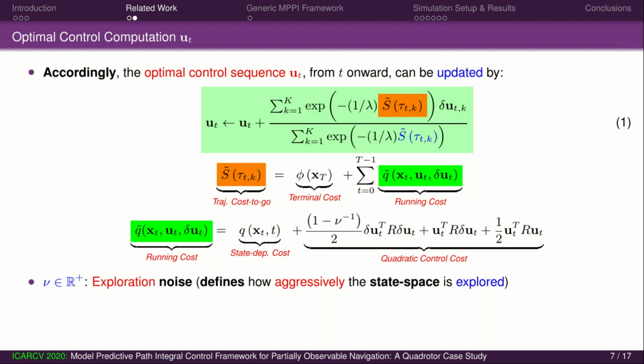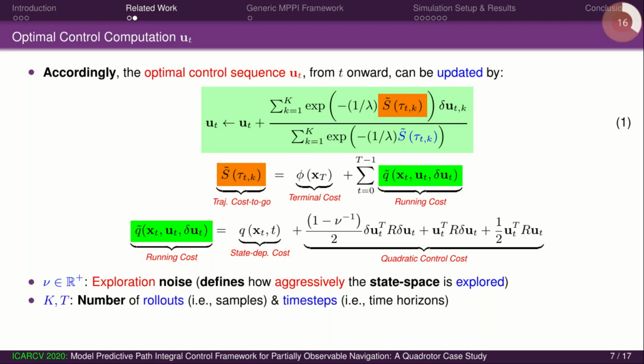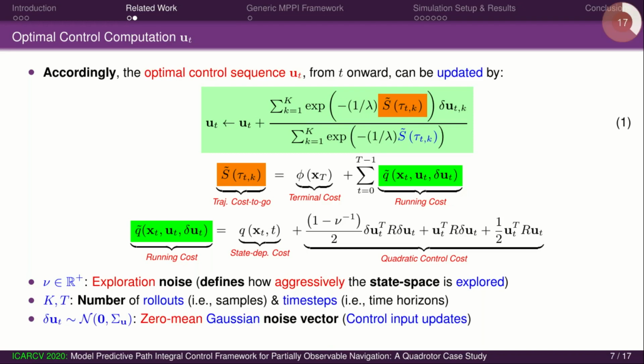For example, low values of nu result in a rejection of many trajectories as their cost is too high. K and T refer to the number of trajectories that we are going to generate within a time horizon T, while delta U is a zero mean Gaussian noise vector, which represents the control input updates.